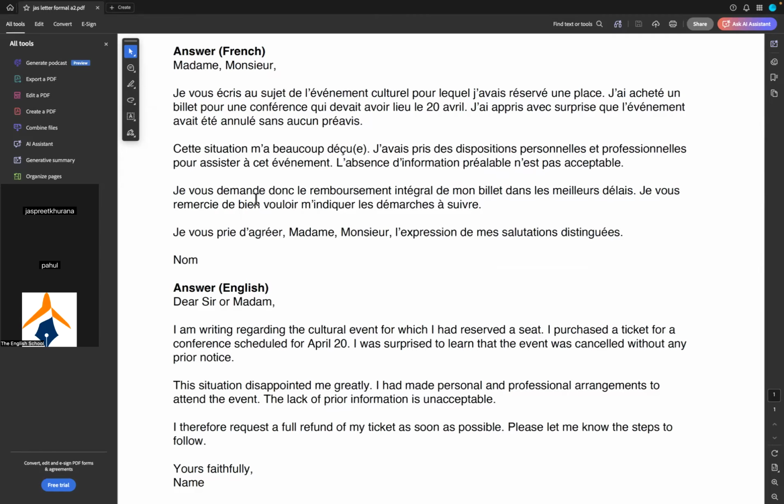Je vous demande, so I again demand donc le remboursement intégral de mon billet, the reimbursement of my ticket, dans les meilleurs délais. Meilleur délai means as soon as possible. Je vous remercie de bien vouloir m'indiquer les démarches à suivre.